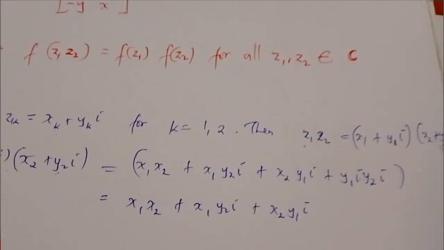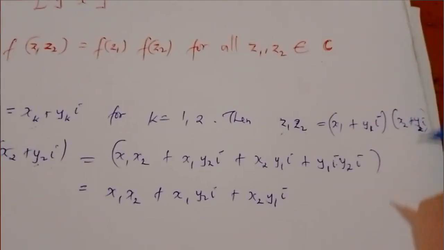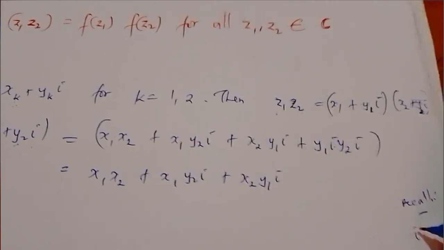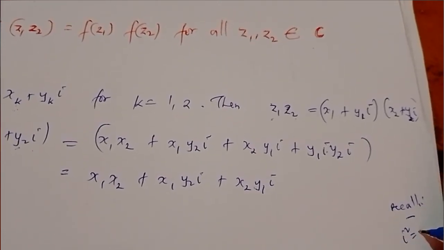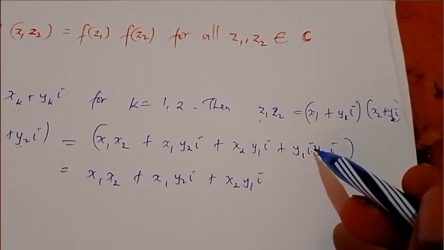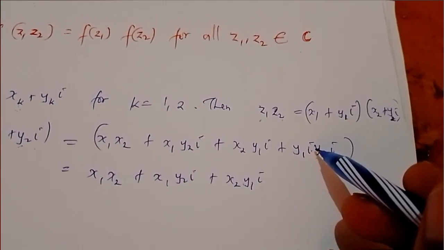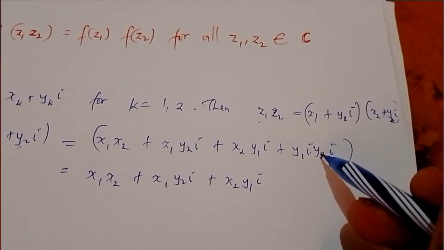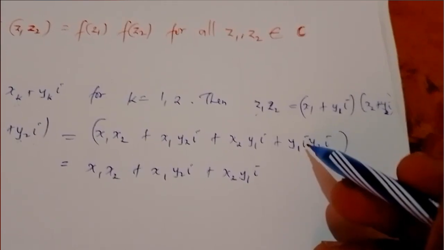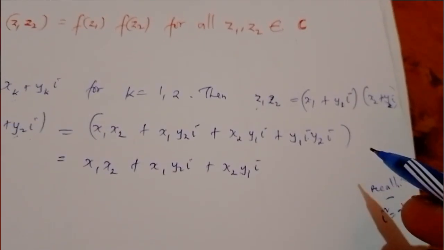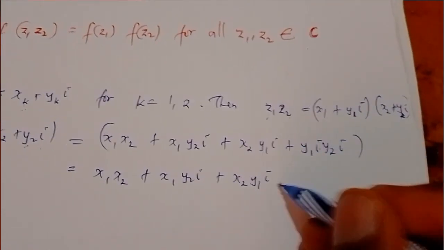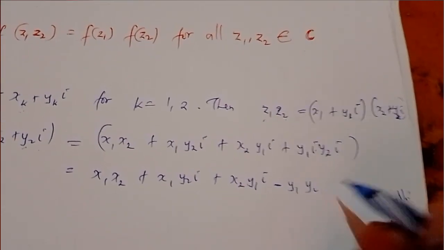I'm saying, recall i squared is equal to negative 1. So remember, we have y1 i times y2 i. y1 times y2 is y1 y2, i times i is i squared, and i squared is equivalent to negative 1. So here will be minus y1 y2.